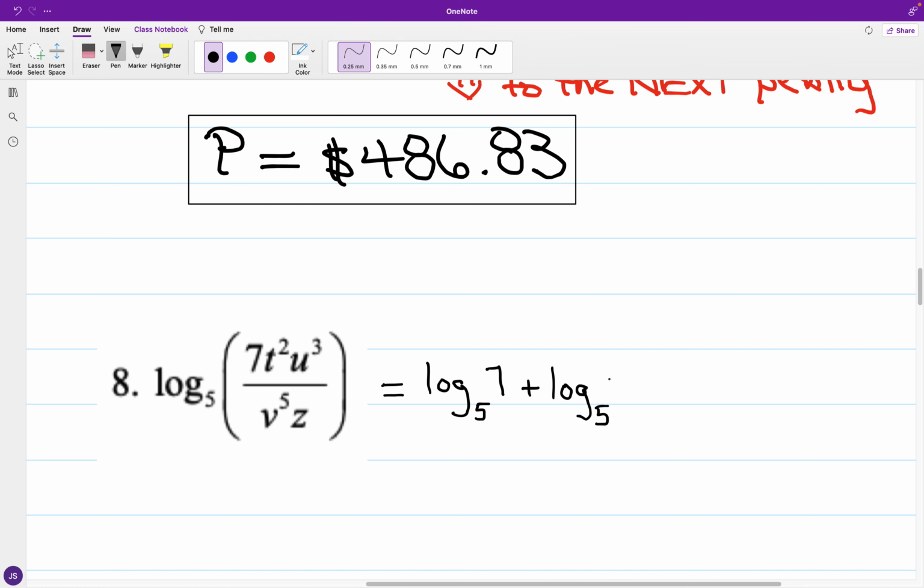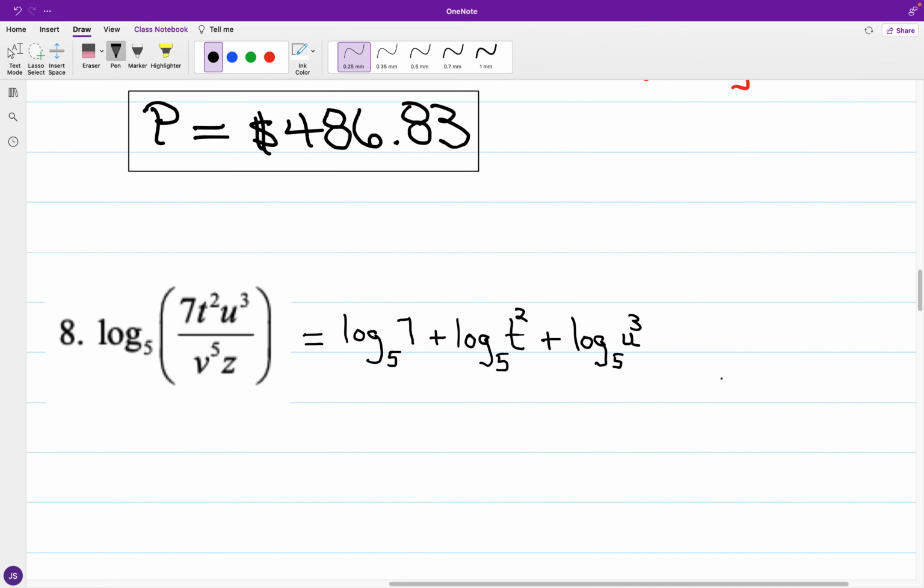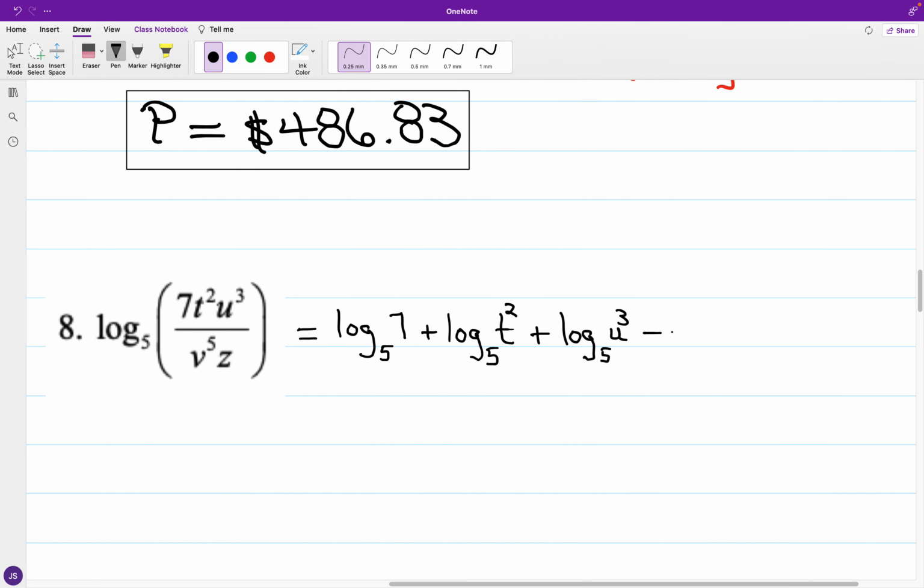So next, plus the base 5 logarithm of t squared, followed by plus the base 5 logarithm of u to the third. With v to the fifth and z at the bottom, we're going to have a couple of negative base 5 logarithmic terms: minus the base 5 logarithm of v to the fifth, and minus the base 5 logarithm of z.